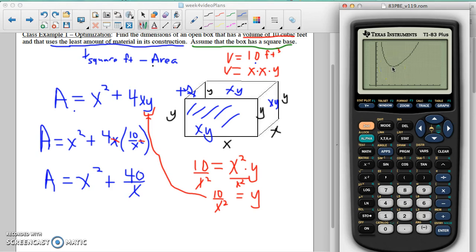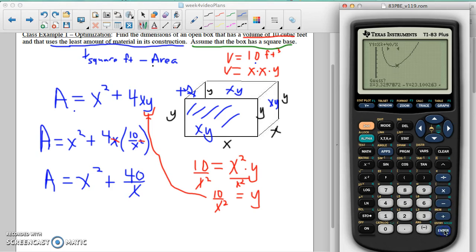Okay, so I'm going to need to look and find that value. So using a calculator, you would use calculate, and we would find the minimum. That's the 3. It's going to ask for a left bound, so we would move to the left of the minimum. Hit enter. We would move to the right of the minimum.